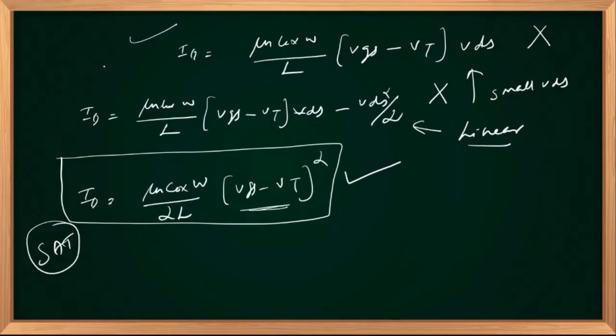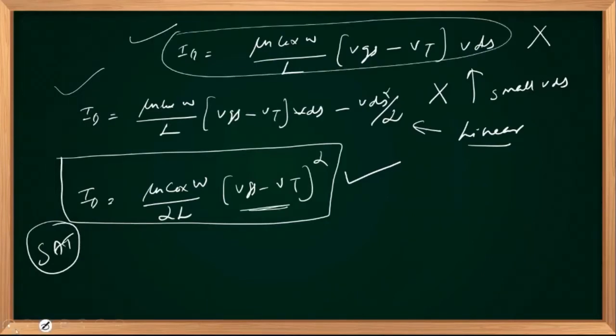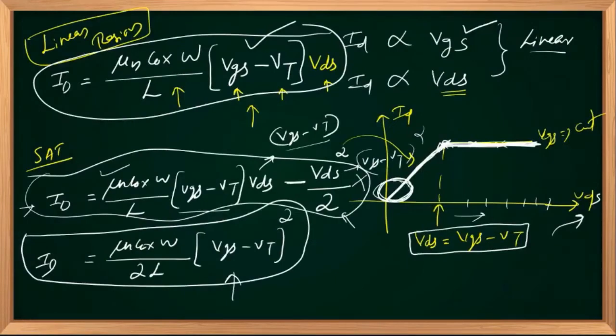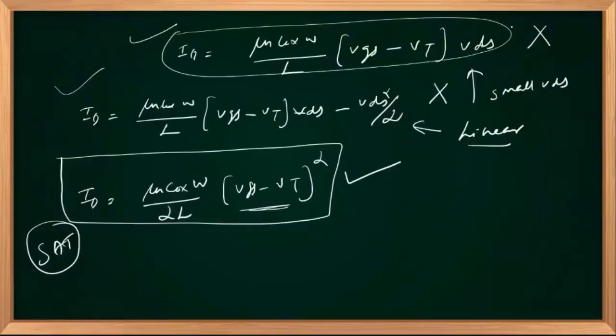And these two equations we are not going to use anywhere. But if you're asked to identify the equation in the neighborhood of origin, you can easily say that ID is linearly proportional to VDS, and this is the first equation.